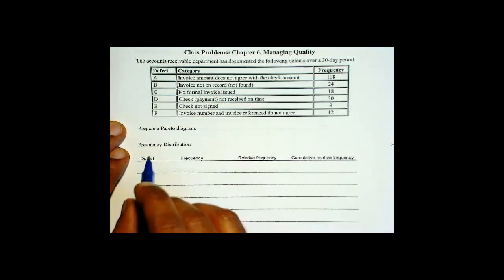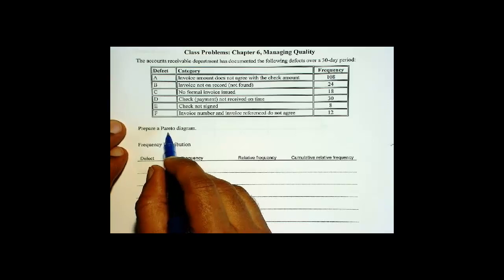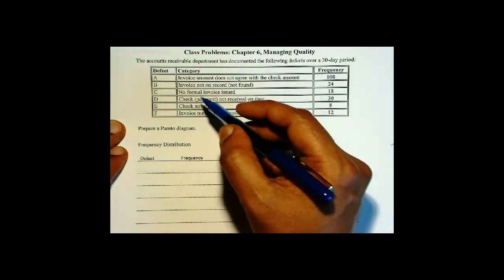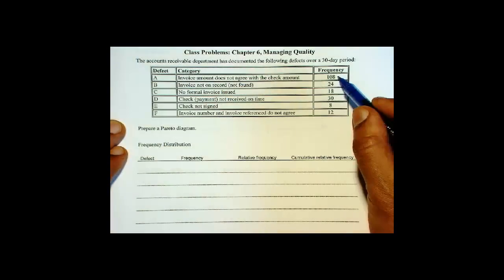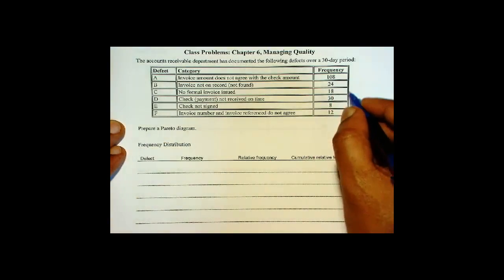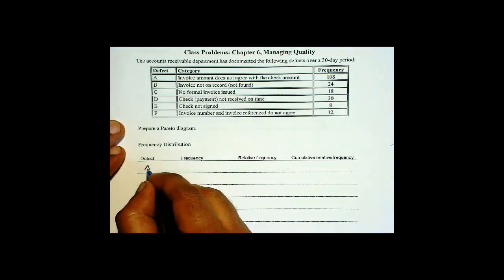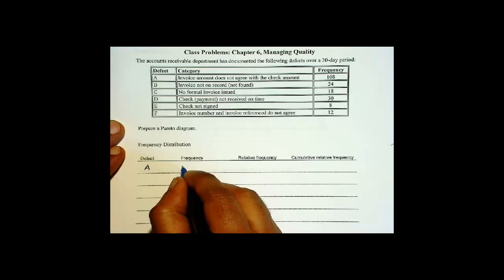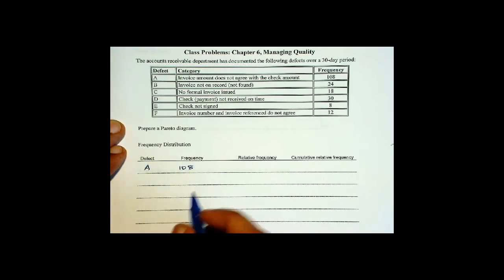Now, to prepare a Pareto diagram, the first thing we need to do is sort this list by frequency from the largest frequency to the smallest frequency. If you look at the frequencies, the first one, the largest one, is A, that is 108.